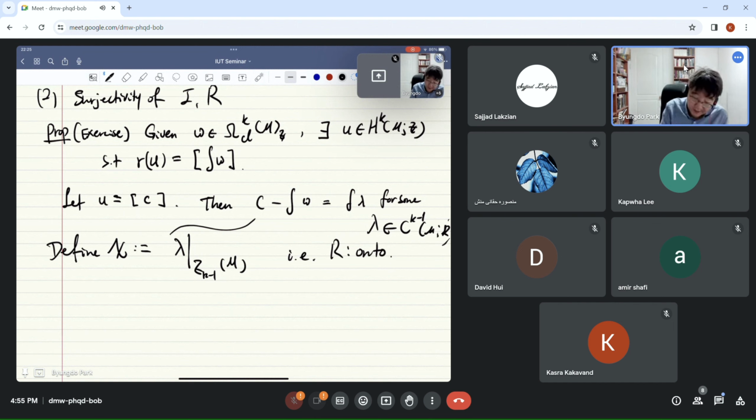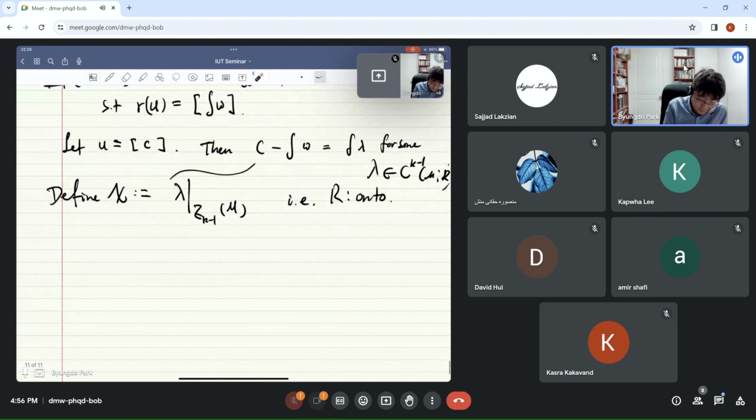So I started with this omega, and then I took the pre-image whose image under R is exactly omega.